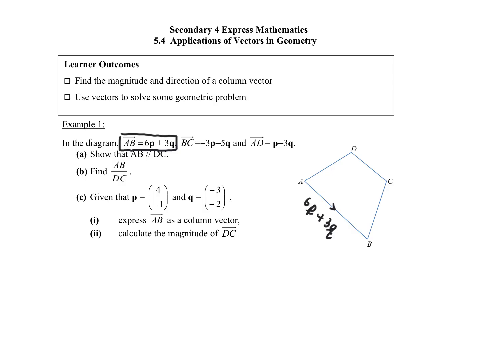Next one, B to C, is -3P minus 5Q. So this is what they give you. Last one, A to D is P minus 3Q. I always draw the arrow so I know which direction it is going.